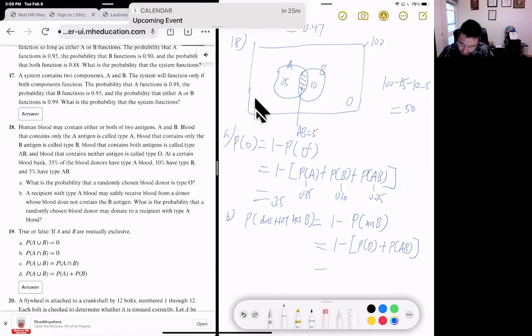Type B blood is 0.1, it's here 10, and type AB blood is 0.05. So the answer will be 0.85. So outside the circle of B is safe to donate blood to a recipient with type A.